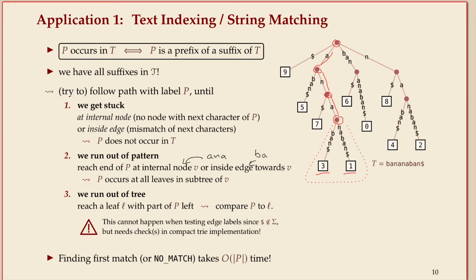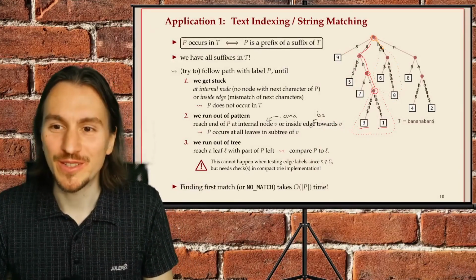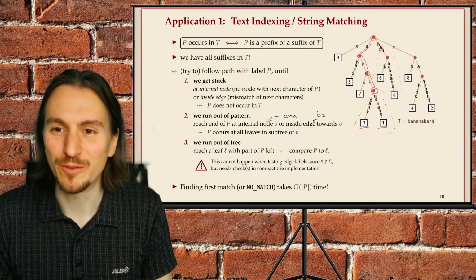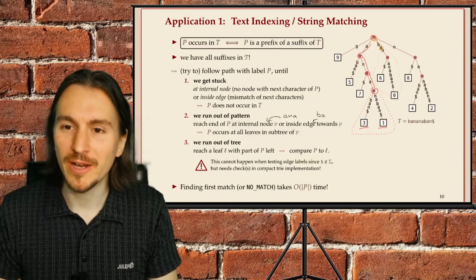And similarly, if you look for BA, you would just get to here, but then everything in the subtree again would be an occurrence of BA. That's probably the easy and intuitive case that we can run into when we're looking for a pattern in the suffix tree. There are two other cases though.